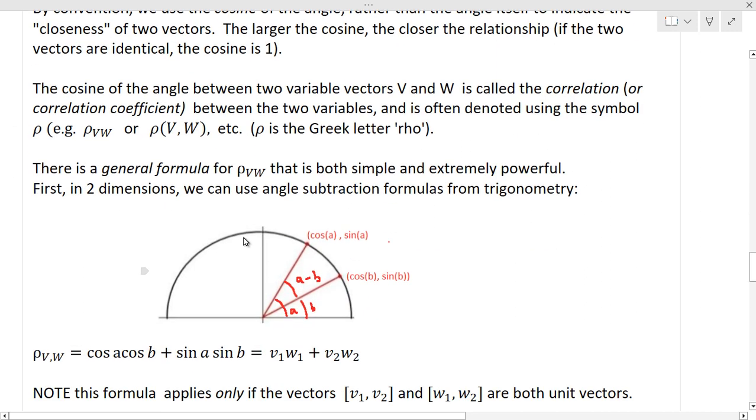Now, why do we use cosine? It turns out there's a general formula for rho of VW that's both simple and extremely powerful. And this also comes back from trigonometry. Let's look at what happens in 2 dimensions. Here I have my two data vectors. As I mentioned, the cosine is the x-coordinate of the vector and the sine is the y-coordinate.